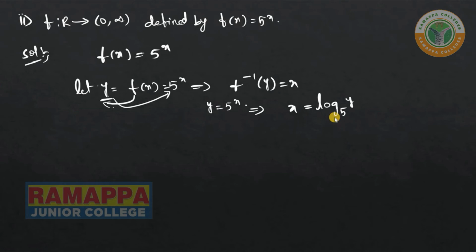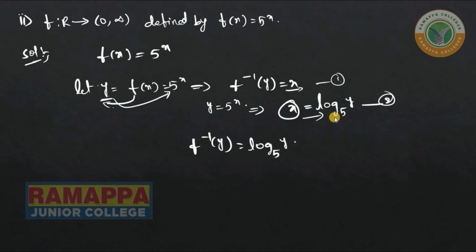So here f inverse of y is equal to x, and x is equal to log base 5 of y. This is the second equation; from 1 and 2, f inverse of y is equal to log base 5 of y. So f inverse of x is equal to log base 5 of x. This is the answer of the given question.